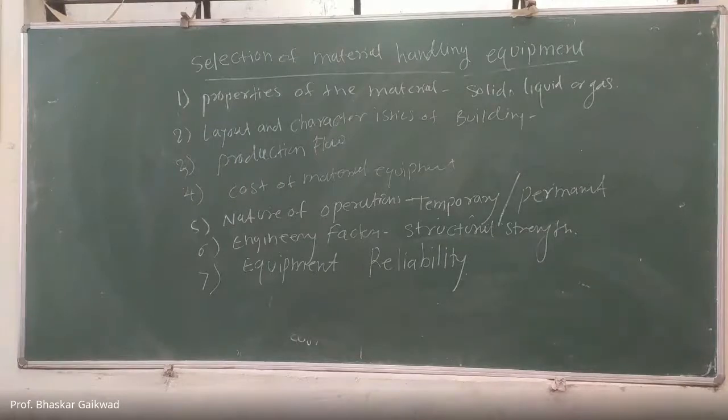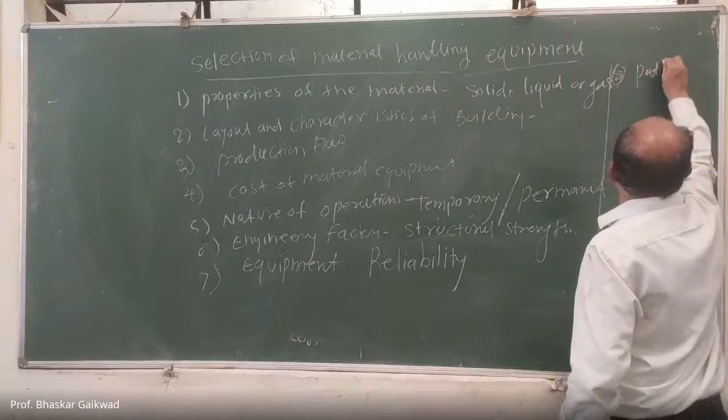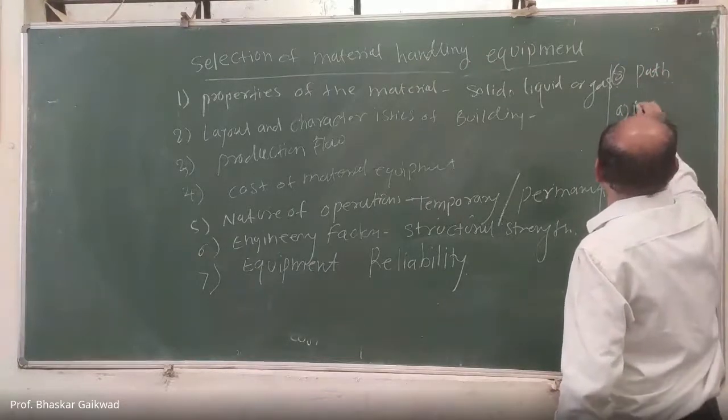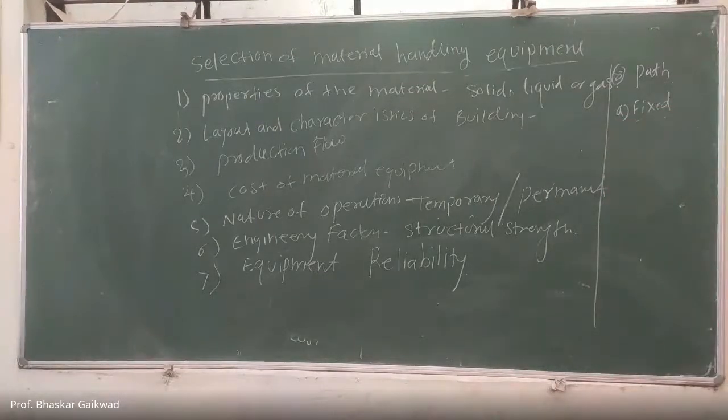If a fixed path is there, normally we can use conveyors, monorails, pulley drives, and overhead cranes.